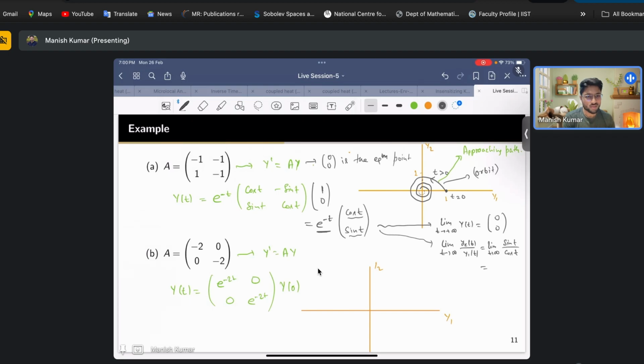Will this limit exist? Sine t and cos t. So the limit as t tends to infinity is tan t, right? Do you know the value of tan t as t goes to infinity? What is the limit?